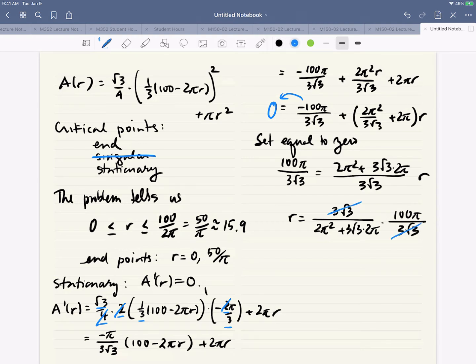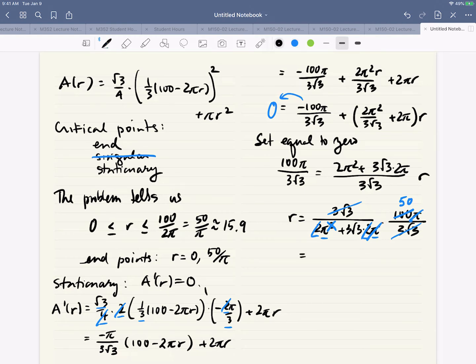Now those 3 root 3's will cancel. What else is going to cancel? I've got a 2 in each term in my denominator here. I could factor that 2 out, and it would reduce my 100 to a 50. I've got a pi in each of those factors in my denominator, so I could factor out a pi, and that would cancel with that pi there.